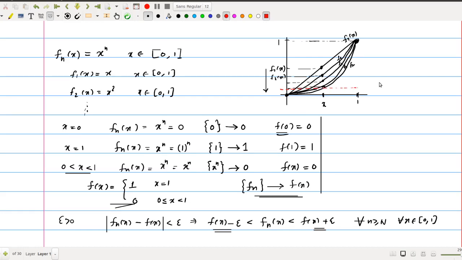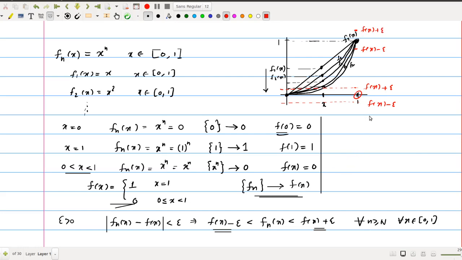This is our f of x plus epsilon, and this is our f of x minus epsilon. At this point we have this strip. At 1, this is f of x minus epsilon and this is f of x plus epsilon.